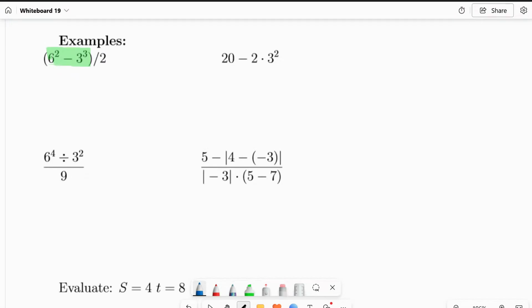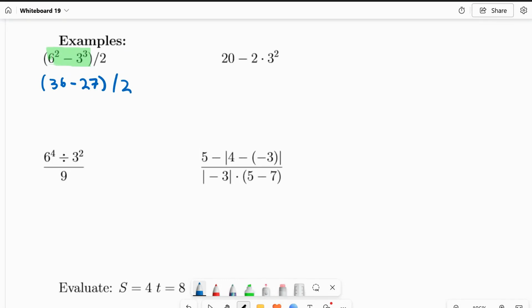So let's start there. So I've got 6 squared, 6 times 6, which will give me 36, minus 3 cubed. 3 times 3 gives me 9, times 3 gives me 27. And we have all of that divided by 2.